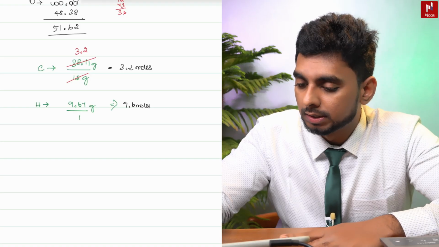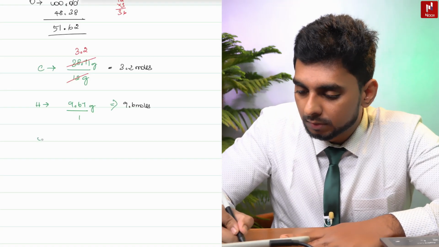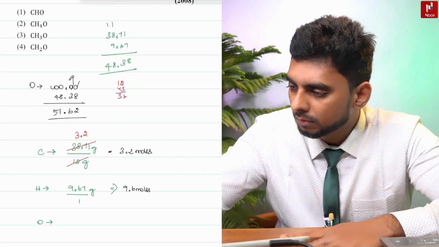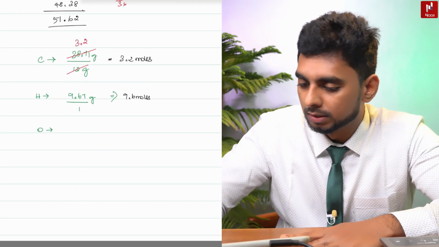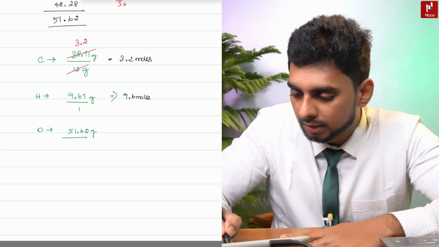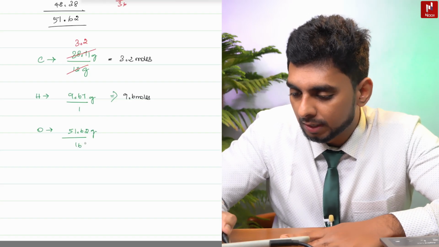Then you have got the oxygen. Next, for the oxygen, you have got 51.62, isn't it? So 51.62 gram divided by 16 for the oxygen. Yeah, right?